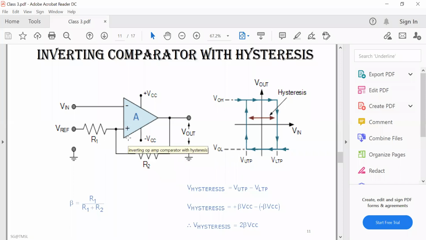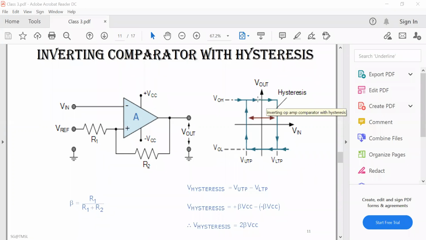When the input Vin is less than V reference, the output voltage will be high, which is called VOH, and equal to the positive saturation voltage.